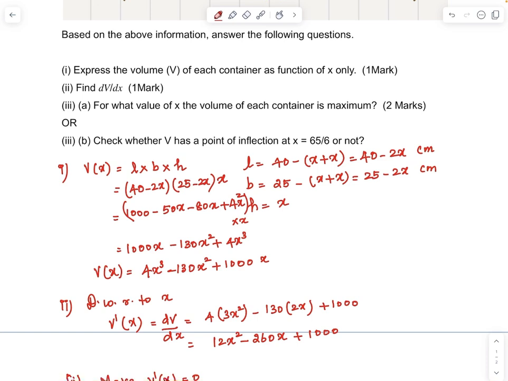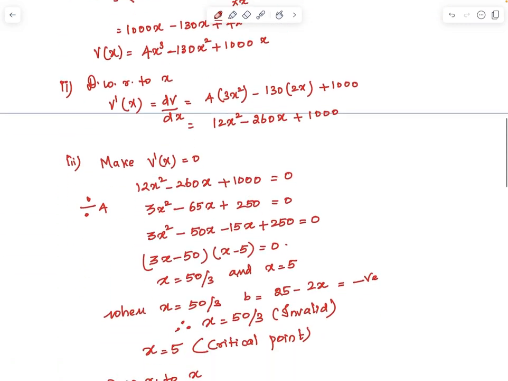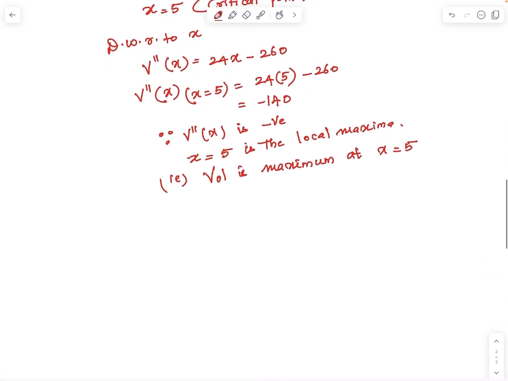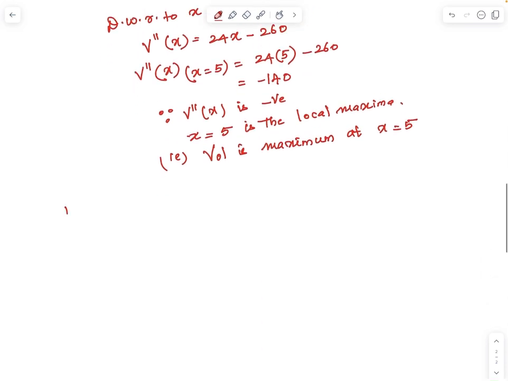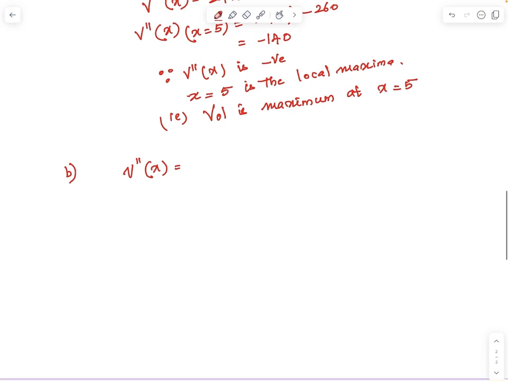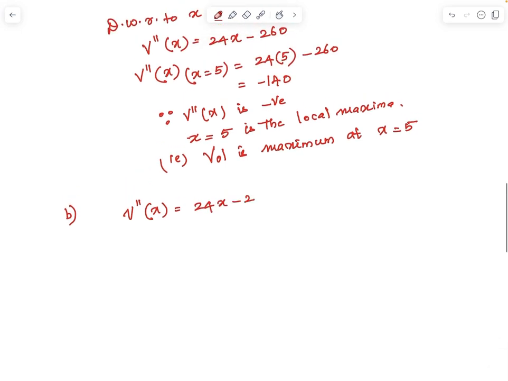Third B. Check whether V has a point of inflection at x equal to 65 by 6 or not. So to figure out this, we have this V double dash of x, which is 24x minus 260.